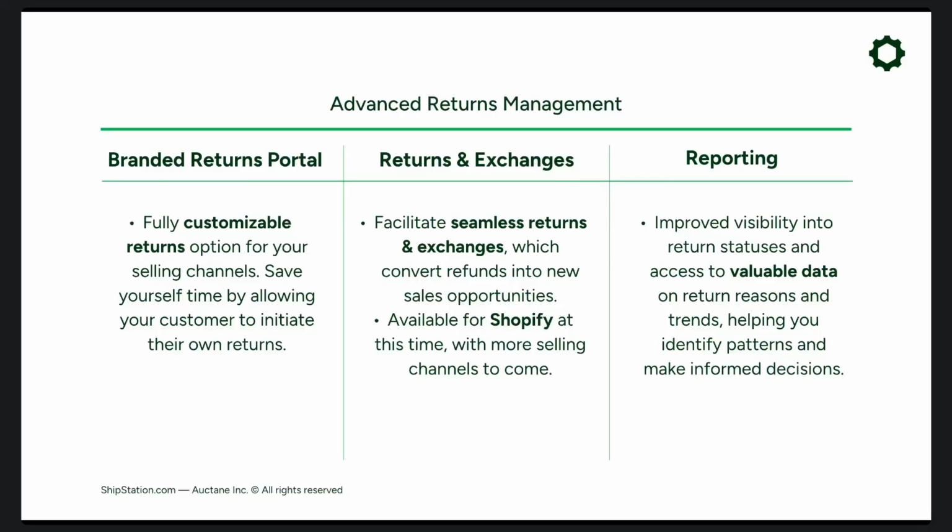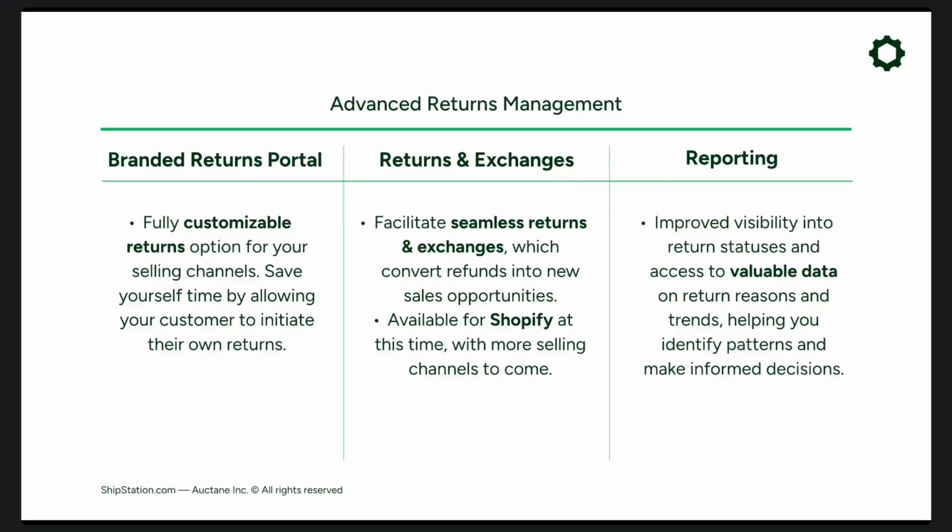And we'll also have additional reporting and analytics on your returns in ShipStation. So we have that analytics built in so you can get visibility into that valuable data on your return reasons or trends to help you identify if there's any return options that are being chosen frequently, such as if the incorrect item is being sent to your customers, and that's what's causing that return.